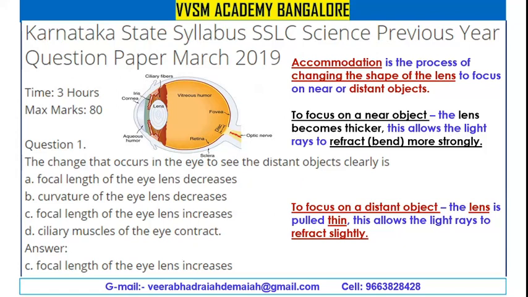This allows the light rays to refract slightly. Therefore, my dear friends, the lens is highly adjustable in nature. It changes according to the distance of the object. Depending upon the distance of the object, the image is formed at the retina. So your answer is: focal length of the eye lens increases when viewing distant objects clearly. That's how the human eye functions.